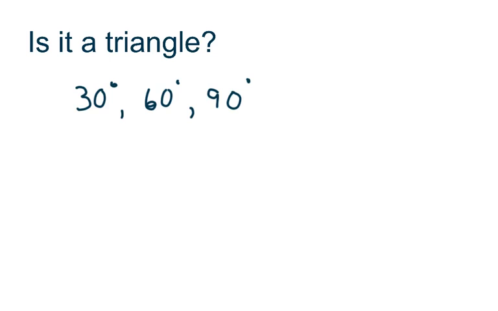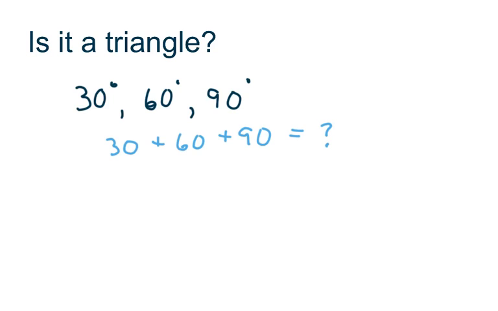So here we see that we have a 30-degree angle, a 60-degree angle, and a 90-degree angle listed for us. But what we're going to do is find the sum of those to see what we get. In other words, we're going to take our 30 degrees plus our 60 degrees plus our 90 degrees and say, where does that get us?